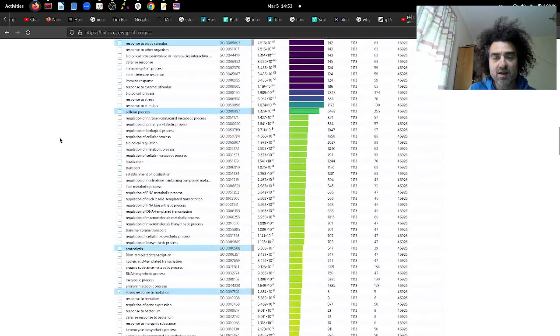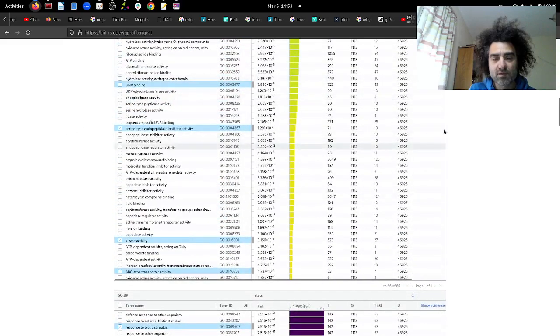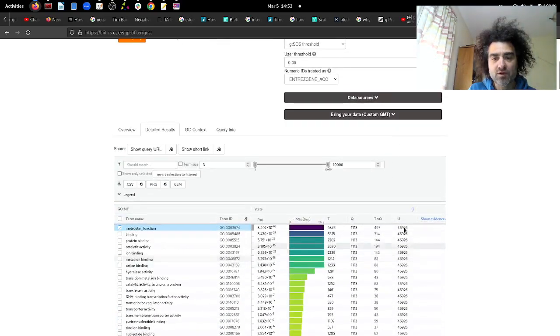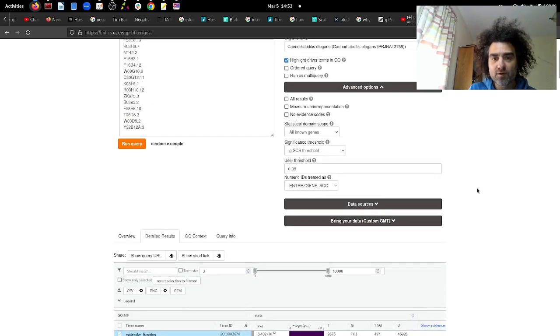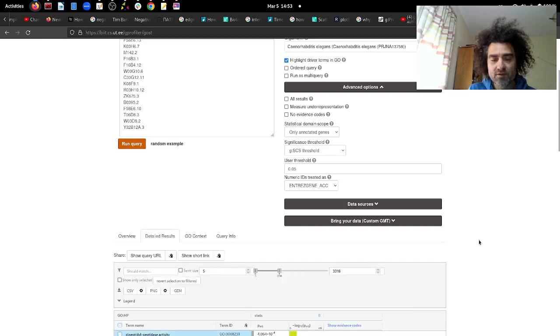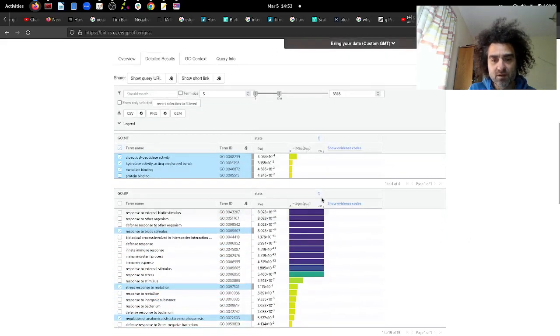So it might be only a subset of these genes that has an annotation term related to molecular function. The remaining does not have any term related to molecular function here. So the default functionality of gProfiler is to use only annotated genes. Now if I do that, you will see that the numbers will change. Not so much the results, but the numbers will change. So click again here to show the results.